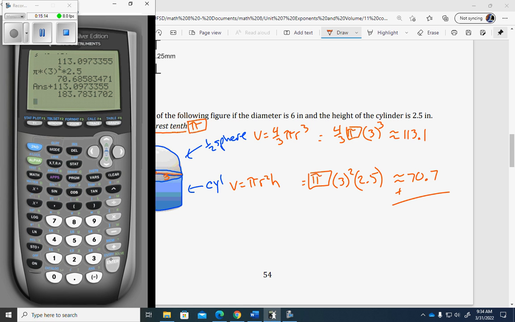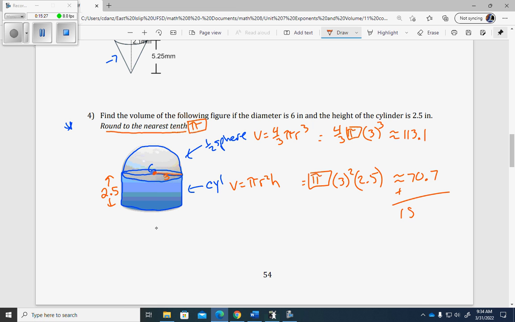When you round too soon, sometimes your final answer is not as accurate. So I like to use the exact answers until the very end. So it turns out to be 183.8 to the nearest tenth. And that is in inches cubed.